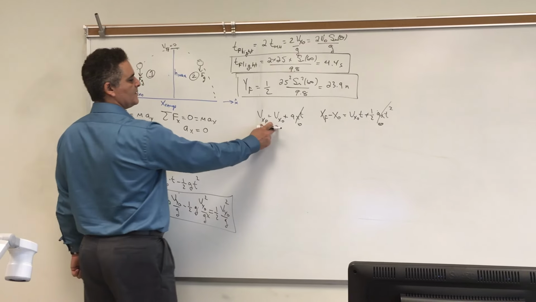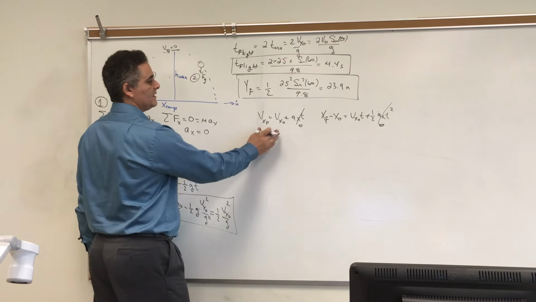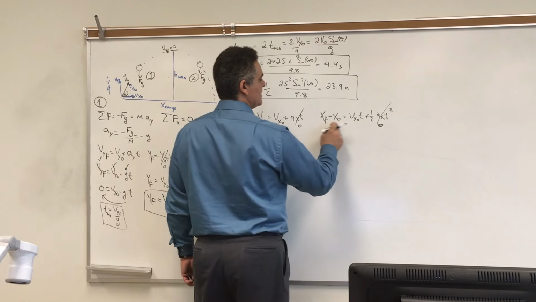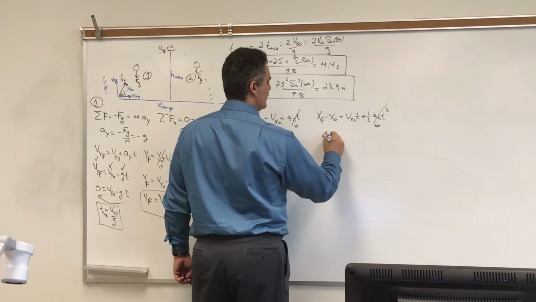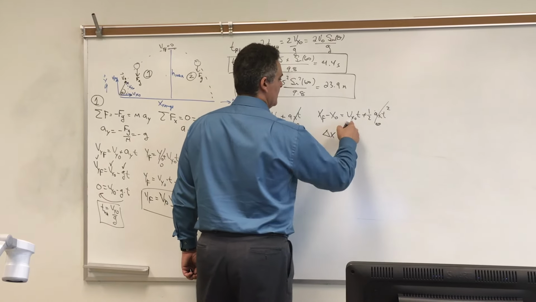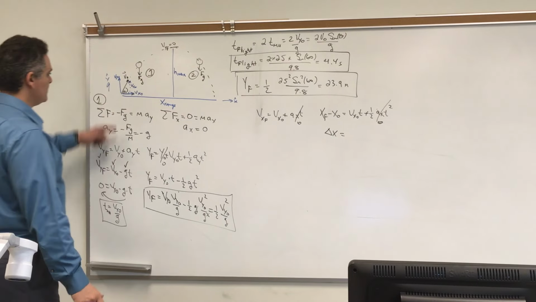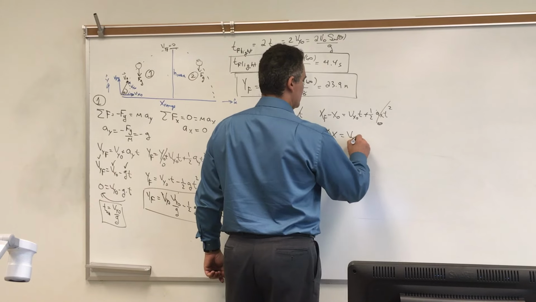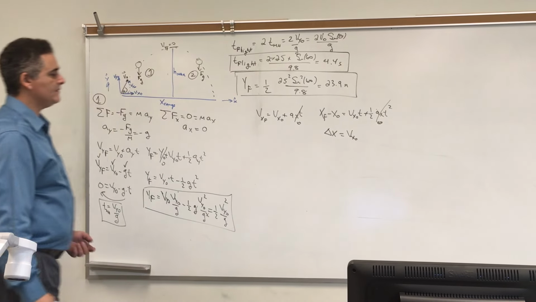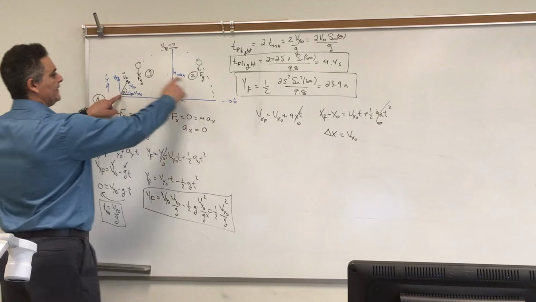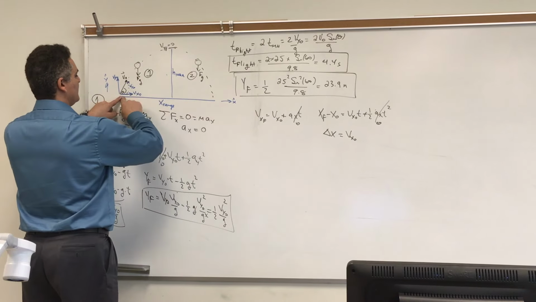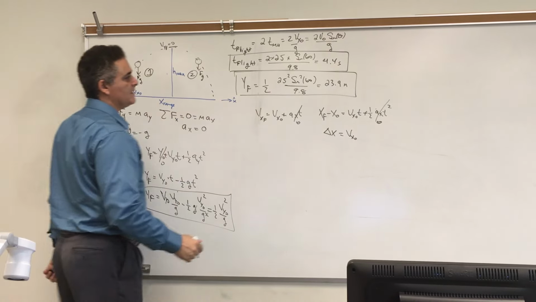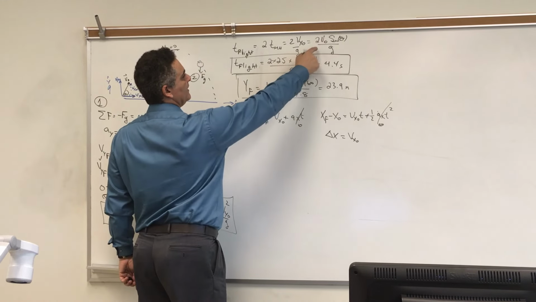Okay. And this just tells us that the speed is constant, so we don't care. It doesn't give us any useful information. This is the distance downrange, right? This is the delta x downrange, right? Vx0 is just going to be the x component of this, right? So let's call it Vx0 for now. And the time is literally the time of flight, right? The time it takes to get down here from here is the time of flight, right? So we can just multiply by that time of flight here, right?